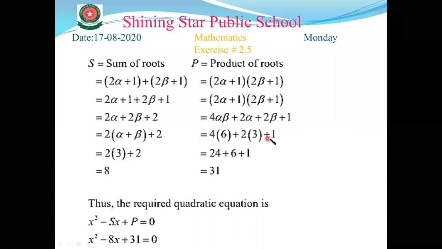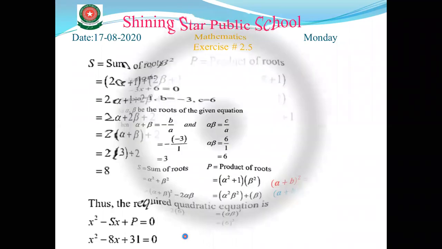Alpha plus beta is 3, plus 1. 4 multiply 6, 24 plus 6, 30. 30 plus 1, 31. Alpha plus beta 3, 3 multiply 2, 6 plus 2, 8. Thus, the required quadratic equation is x square minus 8x plus 31, which is your required equation.